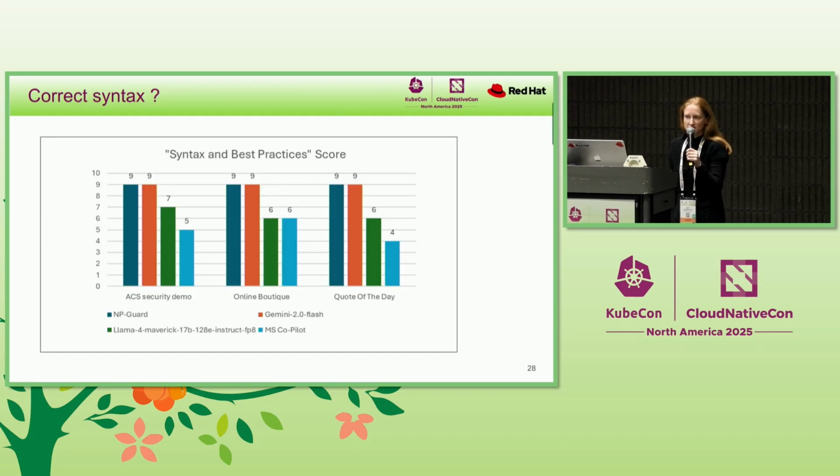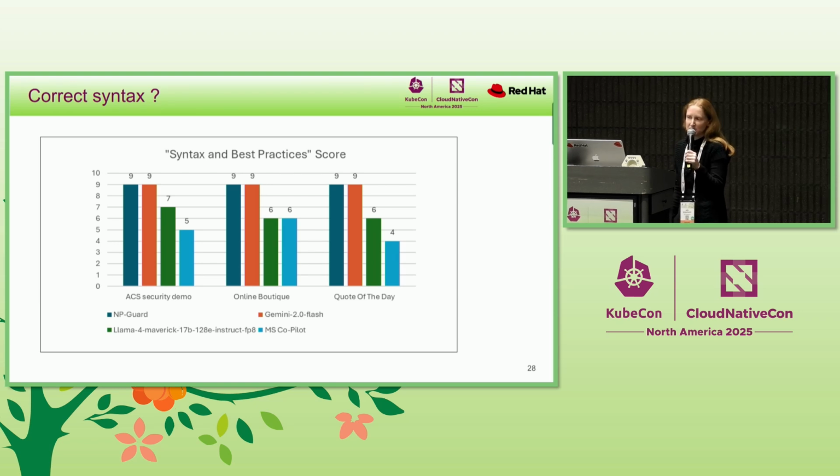So for the syntax and best practices score, we have here 3 graphs, 1 for each app, and on each graph we have 4 columns, 1 for NP-Guard, and the other 3 columns are for the LLMs that were tested. And we see that NP-Guard has no syntax issues.